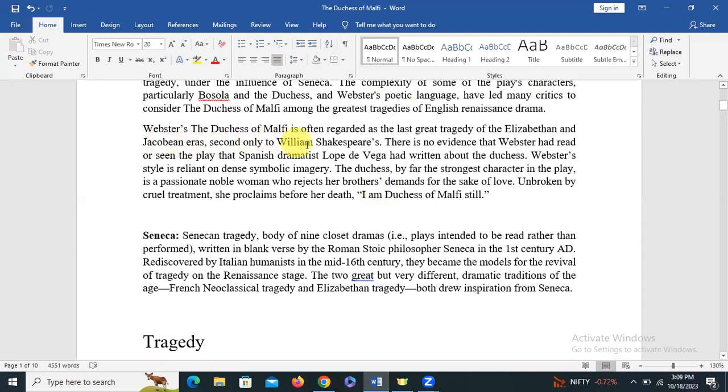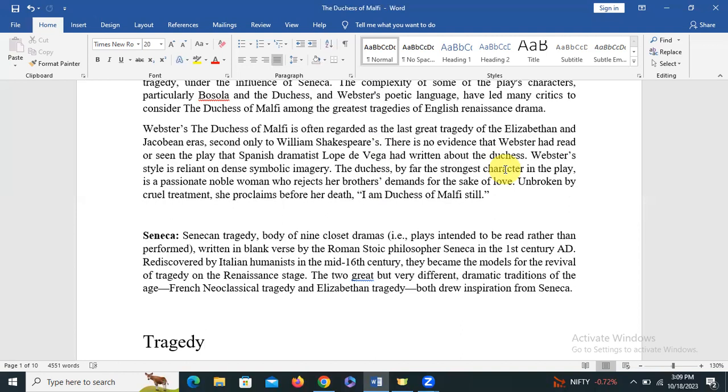Webster's The Duchess of Malfi is often regarded as the last great tragedy of the Elizabethan and Jacobean eras, second only to William Shakespeare's. There's no evidence that Webster had read or seen the play of the Spanish dramatist Lope de Vega, who had written about a Duchess.